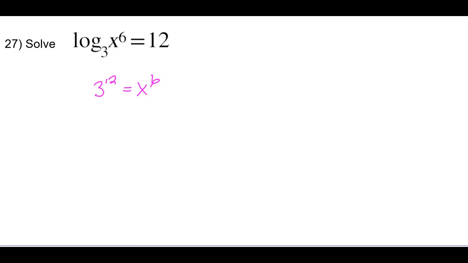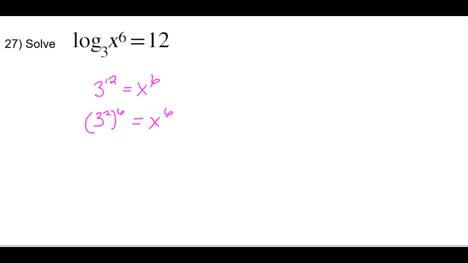Now, it would be okay if you used your calculator and took 3 to the 12th power and got that number, and I'll show you that method in a minute, but I want to show you something that would be a little easier, actually. We know that 12 is 6 times 2, and since 12 is the exponent, we could rewrite this as 3 squared to the 6th power equals x to the 6th power.